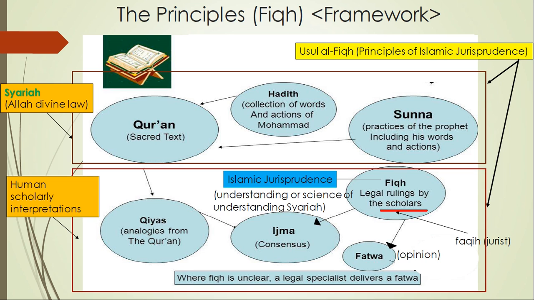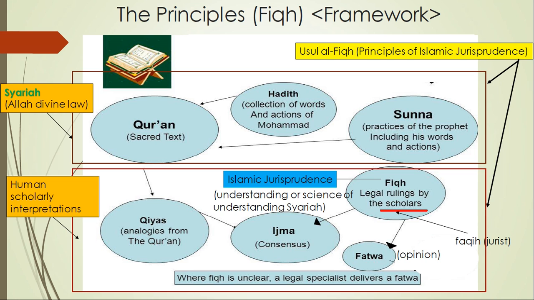And then we have the ijma, where consensus of scholars with respect to certain issues at hand. Maybe the issue is not clear, therefore we need to have consensus.